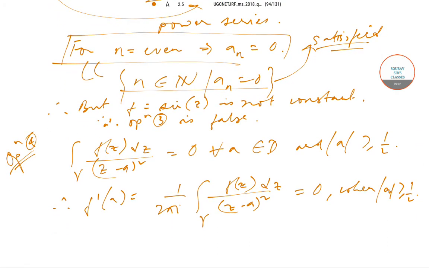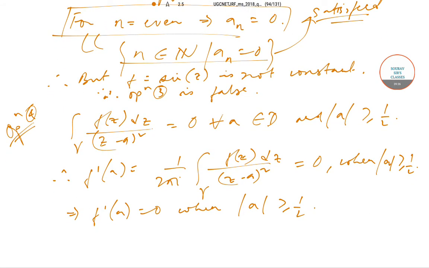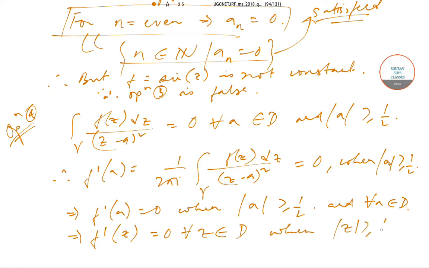We can extrapolate it further and write that f dash of a is equal to 0 when mod of a is greater than or equal to 1 by 2, and also for all a which belongs to D. And therefore we can also write that f dash of z is equal to 0 for all z which belongs to D when mod of z is greater than or equal to half.